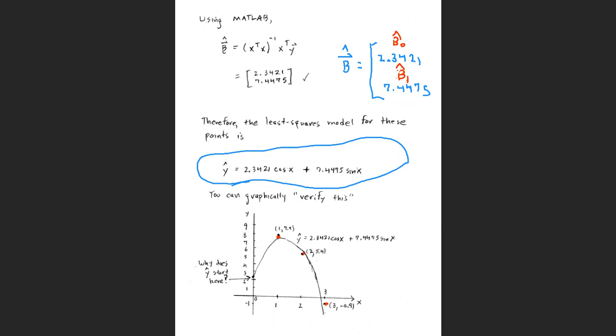And notice that the curve starts a little above 2, because when x is 0, you would just have the first term. Cosine of 0 is 1, sine of 0 is 0. So it's going to start at this point. But yeah, you have your 3 data points. It turns out that the scientists who were trying to model the data were using a model involving cosine of x and sine of x.